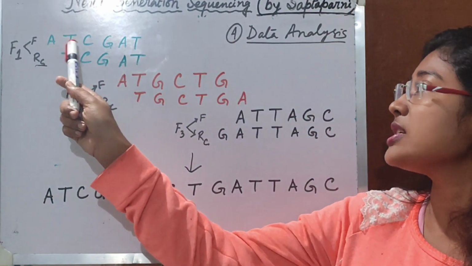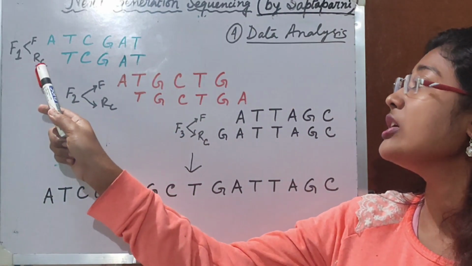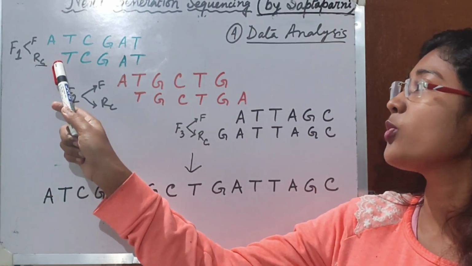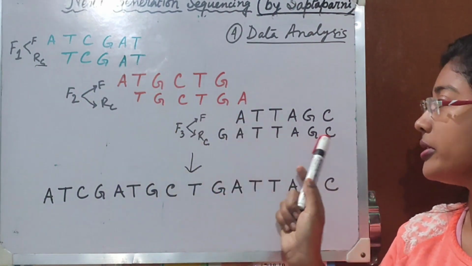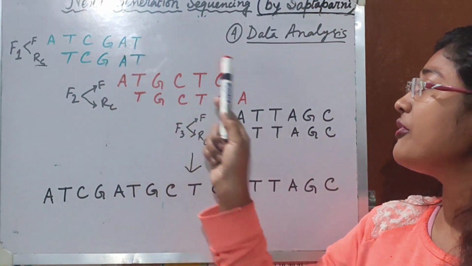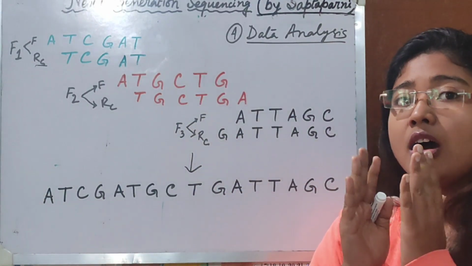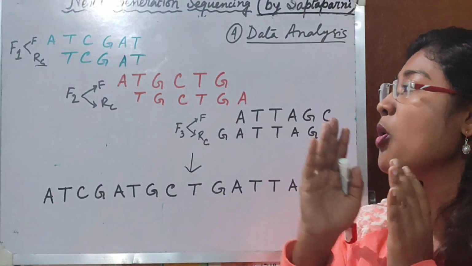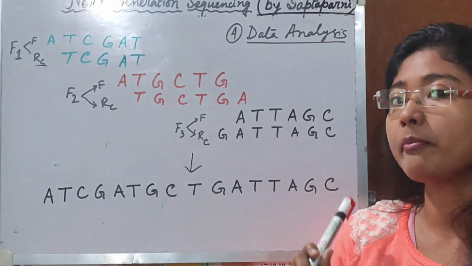These are the forward strand sequences for 3 different fragments, and these are the reverse complementary strand sequences. After seeing this, it is clear that there are some places which are common to both fragments, and those are the overlapping or matching places.